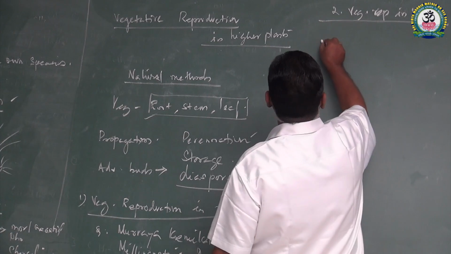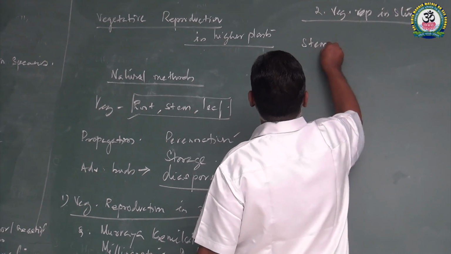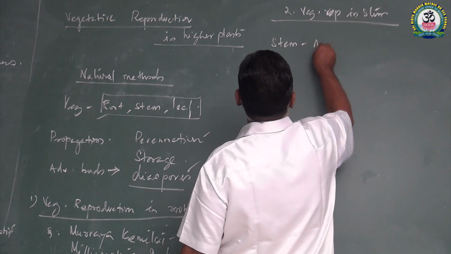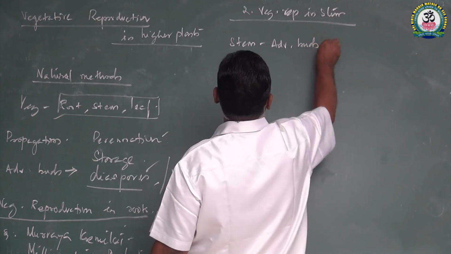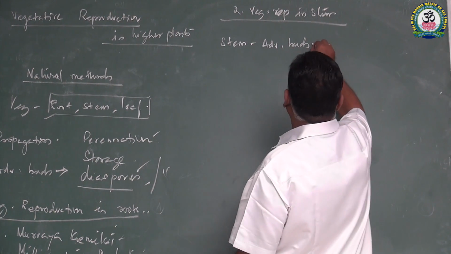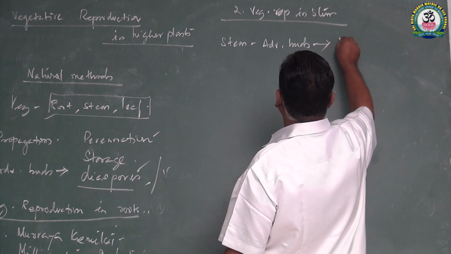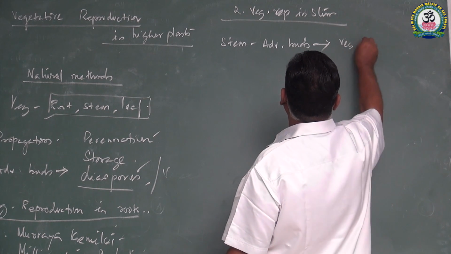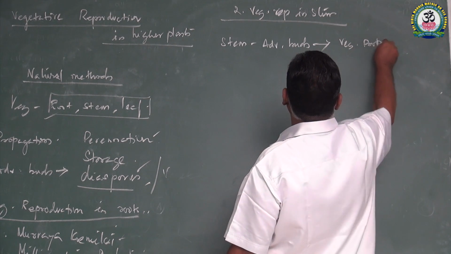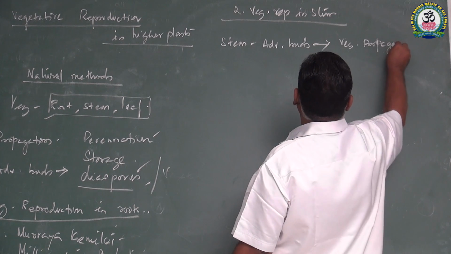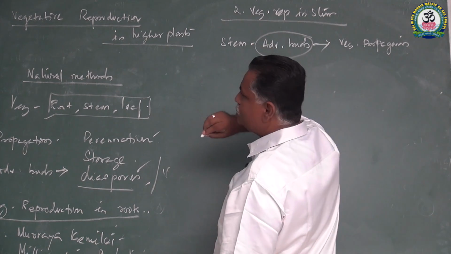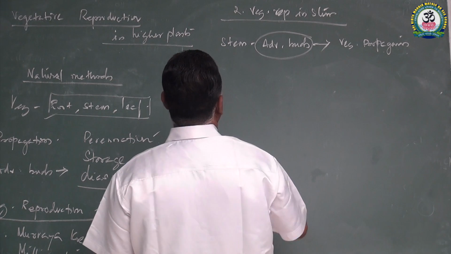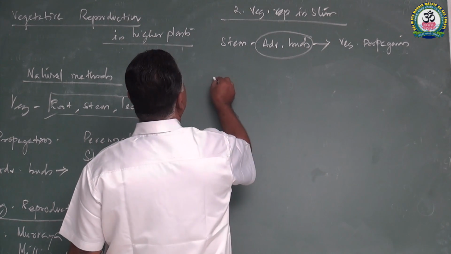See, part of a stem or advantageous buds produced by the stem are involved in vegetative propagation. Actually, you should remember the advantageous buds are involved in the propagation. In stem, they are all modifications.